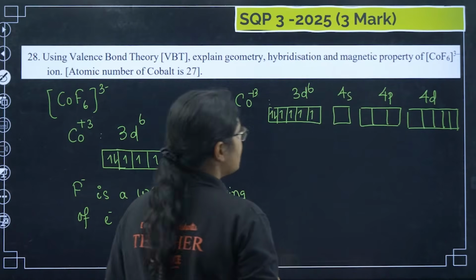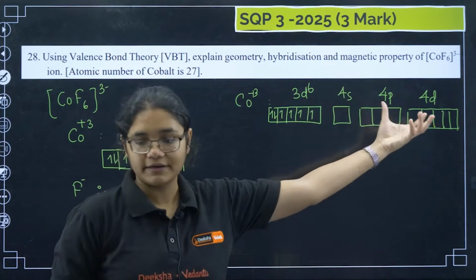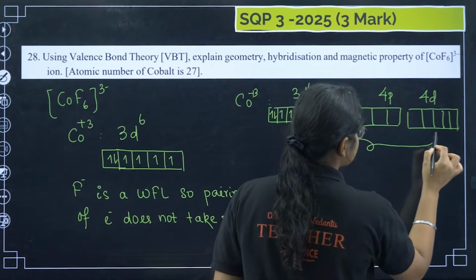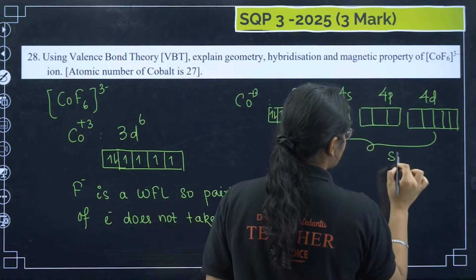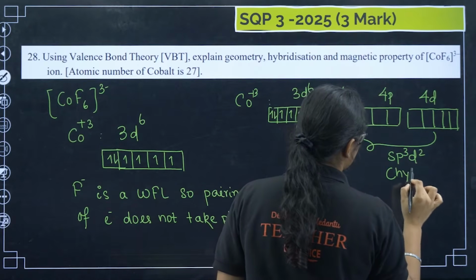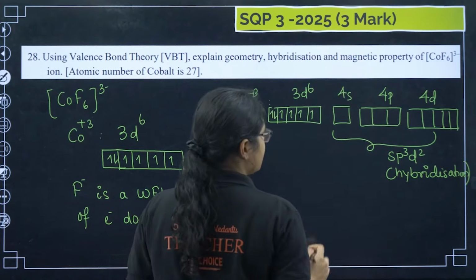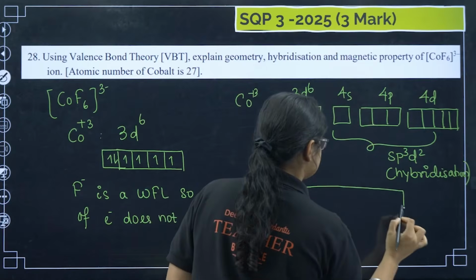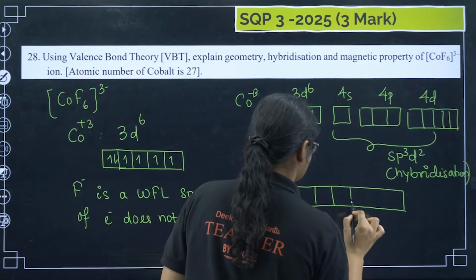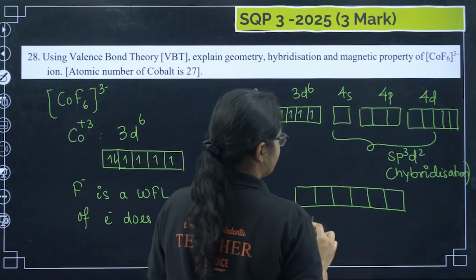Okay, so now what happens, the orbitals which are present here, sp3d2, we need 6 orbitals, right? So this sp3d2 undergo hybridization, okay, and once they undergo hybridization we get 6 new hybrid orbitals, that is 1, 2, 3, 4, 5 and 6.